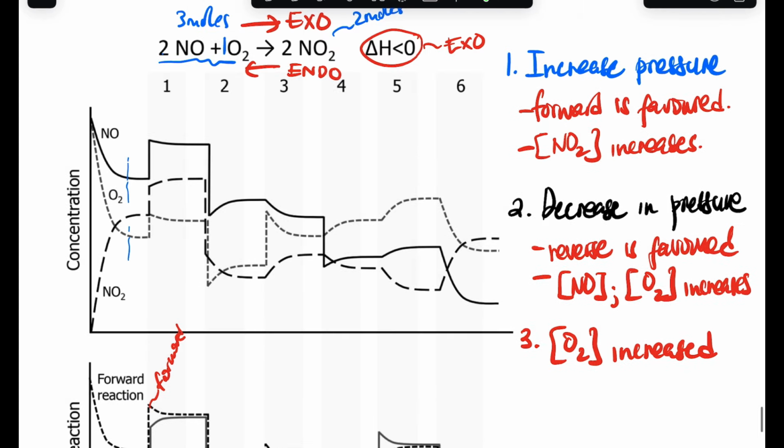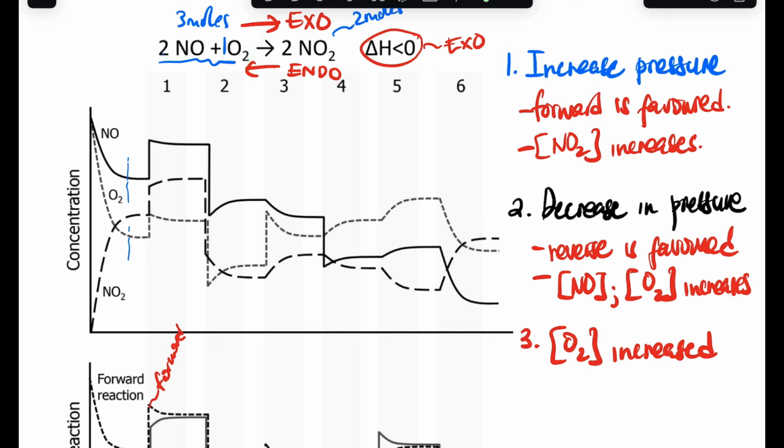Once there's an increase in the concentration of oxygen, the system is going to respond by decreasing that concentration. The system decreases the concentration of oxygen and also decreases the concentration of nitrogen oxide. The disturbance was the increase in the concentration of oxygen.